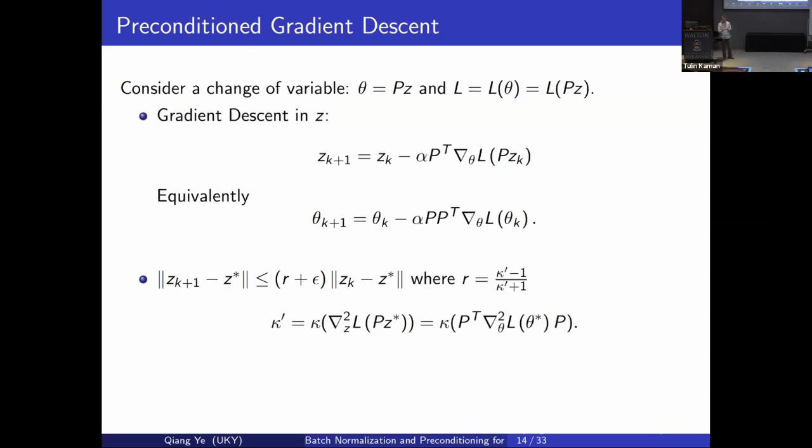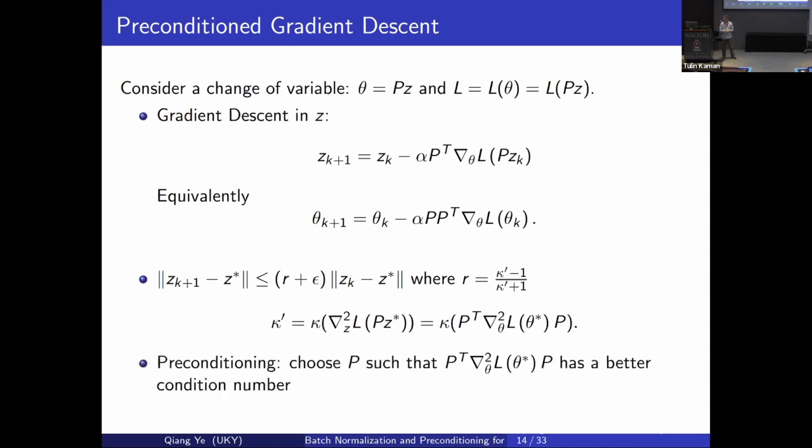The Hessian of the loss with respect to z can be written as P transpose times the original Hessian with respect to theta, times P. So with that transformation, I effectively transform the Hessian that way. That allows us to do preconditioning, that is, to choose P such that the transformed Hessian will have a better condition number. That's what we're going to set out to do.